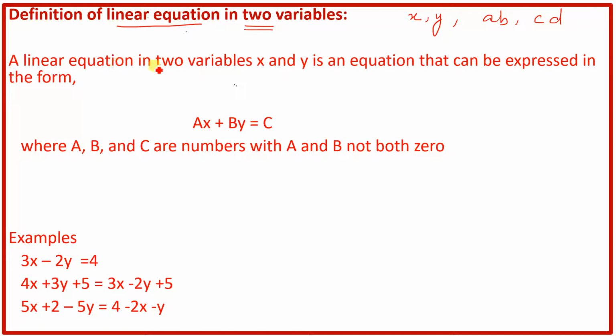So a linear equation in two variables, x and y, is an equation that can be expressed in the form of ax plus by is equal to c. What is the meaning of this?